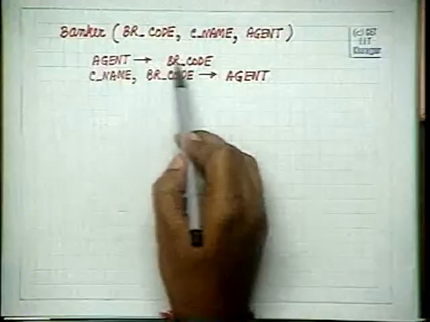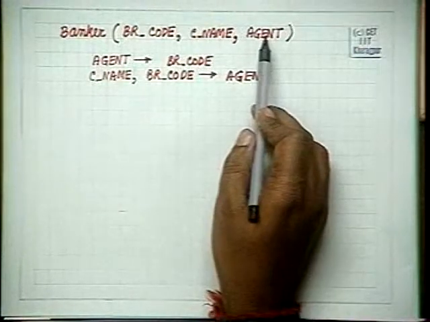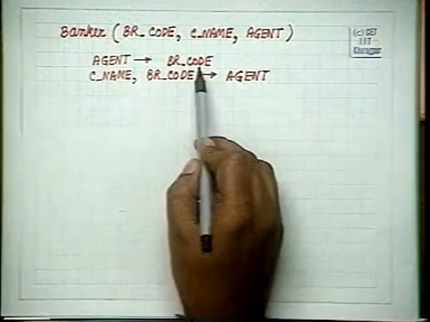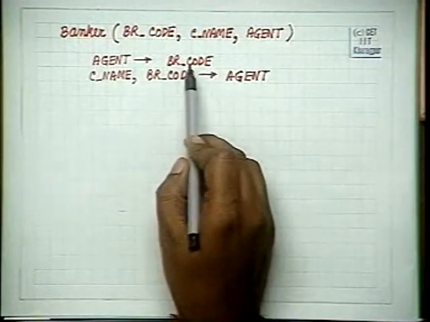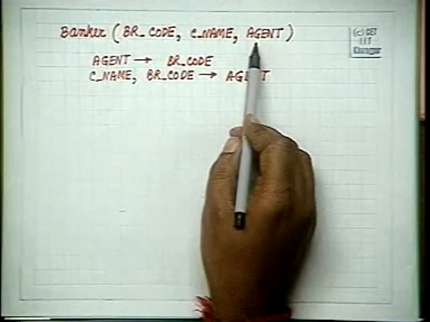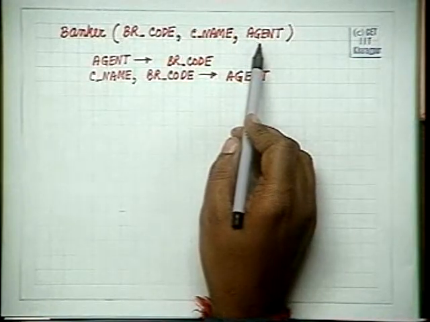But if we come to that banker question, then we will see how we will do it by our algorithm. This does not hold here. This is not in BCNF, because agent to branch code is such that agent is not a primary key.